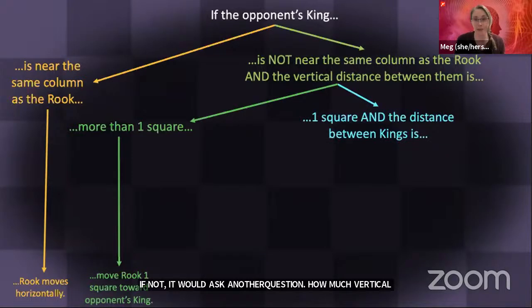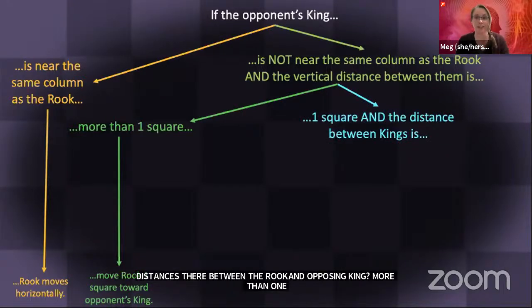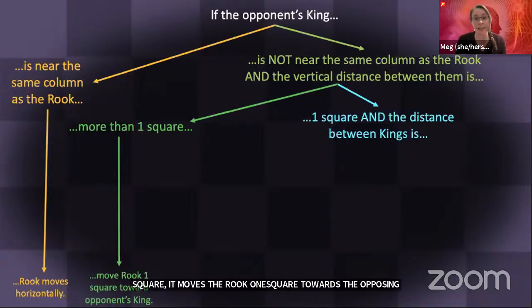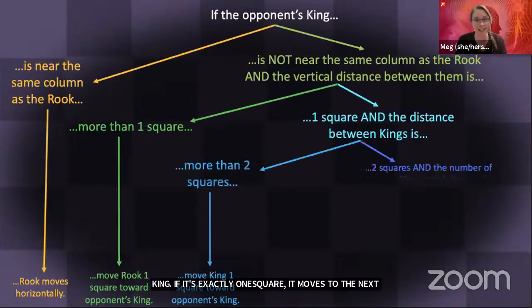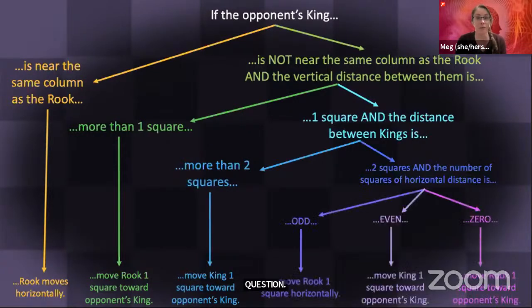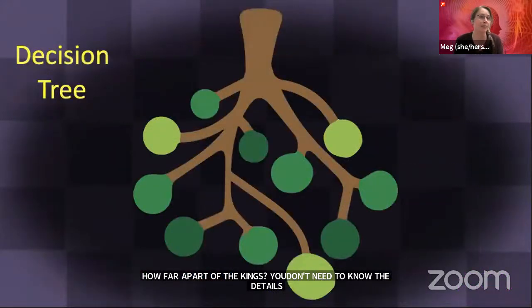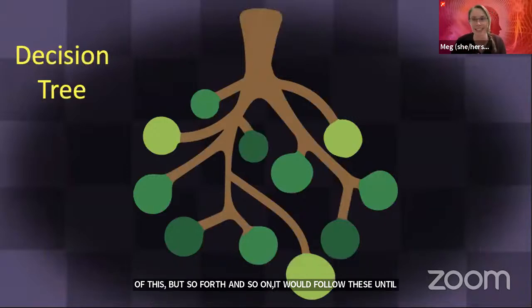If there's exactly 1 square, then it moves to the next question: how far apart are the 2 kings? And you don't need to know the details of this, but so on and so on down the chain. It would follow this string of decisions until it could make a move. And this kind of chart with all of these branching possibilities is called a decision tree, which I've added upside down so you can see all of the little branches descending downward.